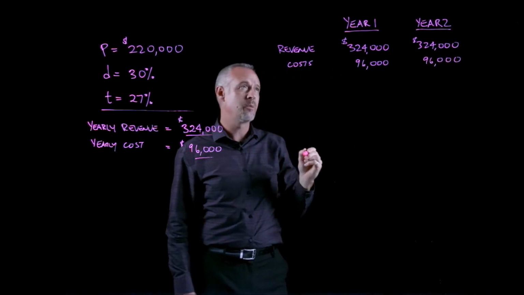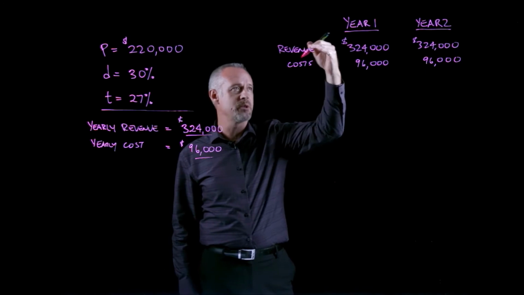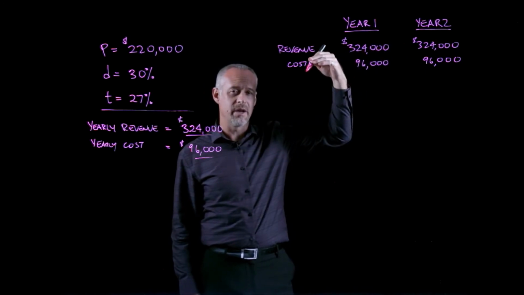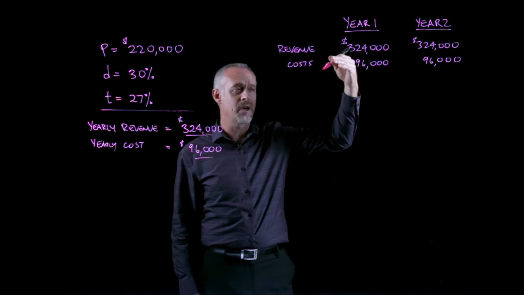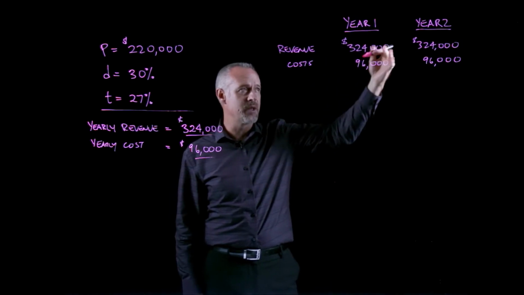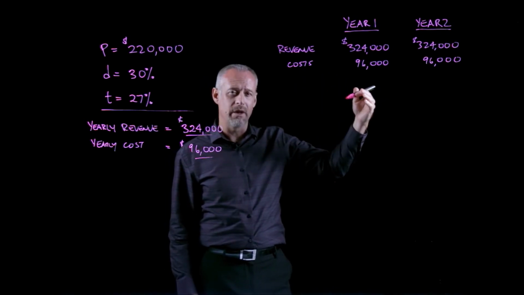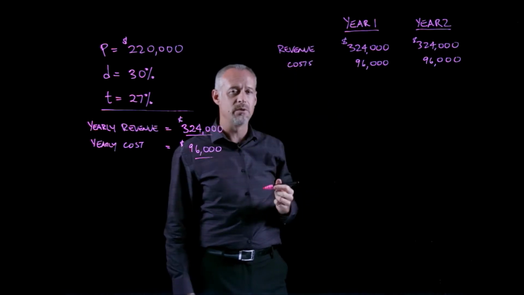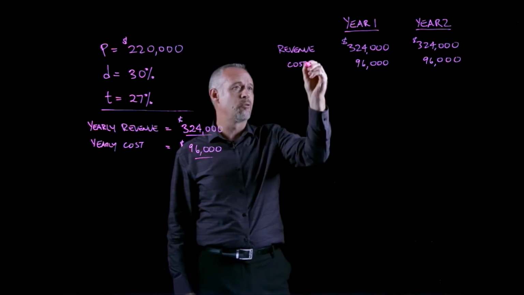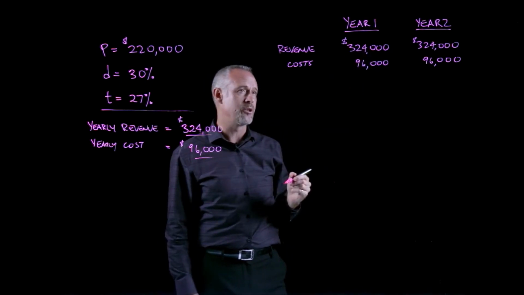And this is a typical structure of an income statement for any company. Typically, companies will list their revenues, and sometimes that's sales or anything where money is coming in directly. We list that as the revenue. Then we list the costs, and usually we list the costs that are directly related to obtaining those revenues. So in this case, for the bulldozer, these are costs directly related to the operation of the bulldozer.